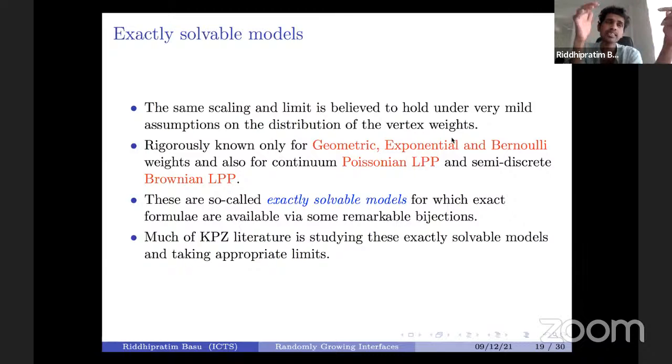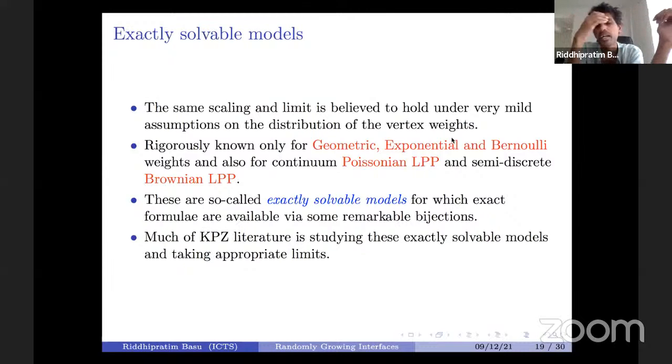The reason we can do this rigorous analysis for these models is because there are some remarkable bijections. I'll tell you a little bit about those bijections in the next slide. There are some almost magical bijections which let you write down explicitly the formula for the last passage time, the density for the last passage time.